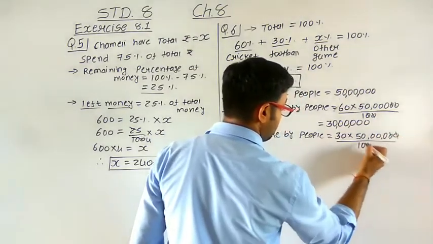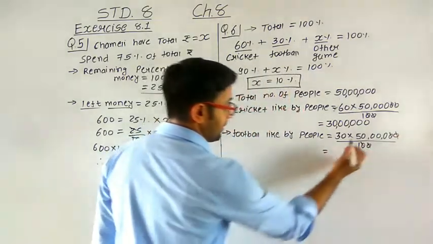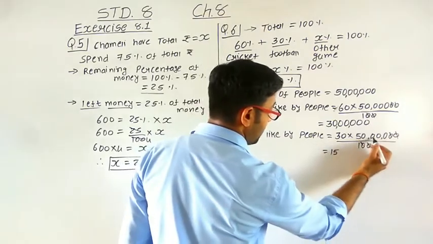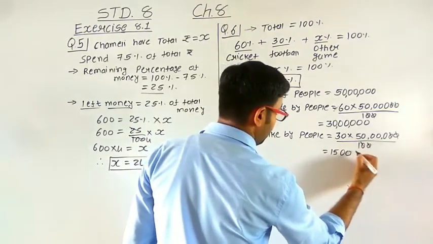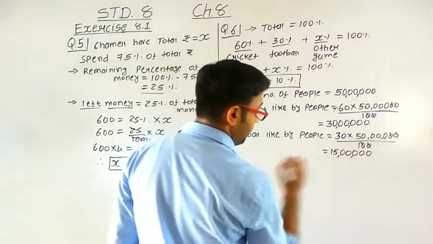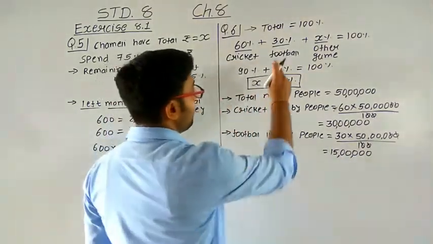Again, these two zeros cancel each other. We get 5 threes are 15. How many zeros are left? 1, 2, 3, 4, 5. That means 15 lakh people like football.